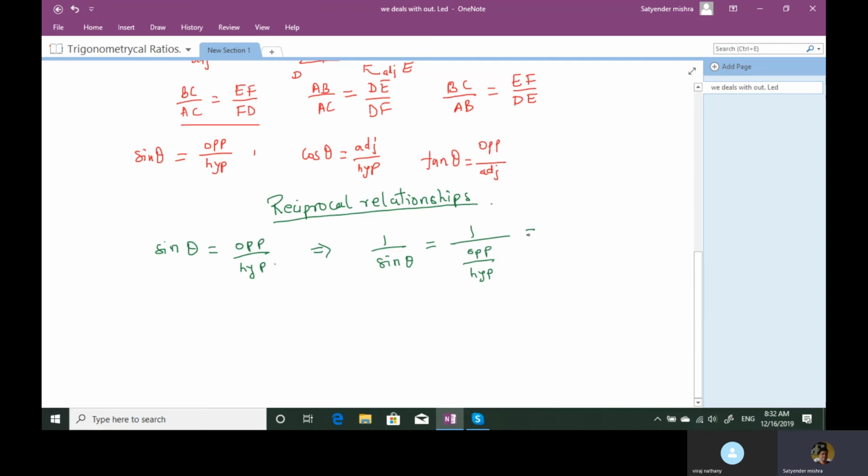So if we write this as hypotenuse by opposite, which is equal to cosec theta. So we can say that 1 by sin theta is equal to cosec theta. Fine. So this is a reciprocal relationship. Sine and cosec are reciprocal of each other. Fine. Let's draw the triangle also.